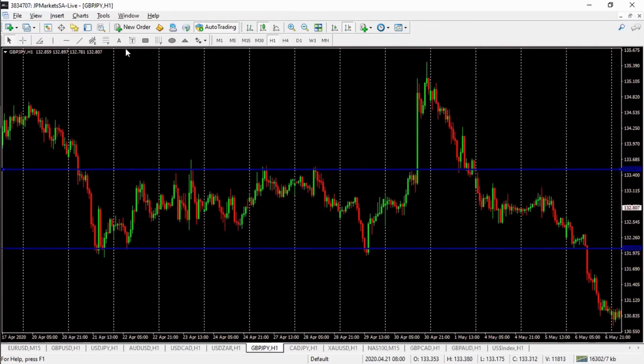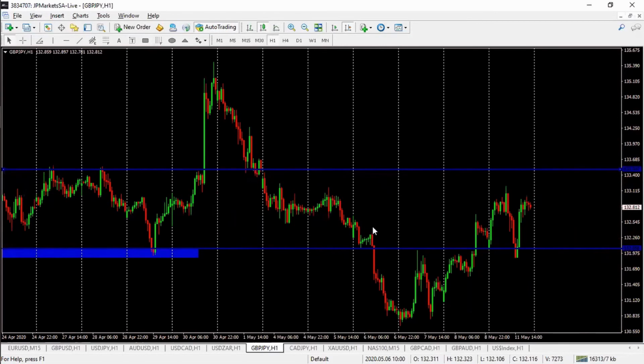Okay, the structure here of a support got broken here, retested, came back down, got broken and retested and up. Again, it's struggling to break this level and continue coming back down.